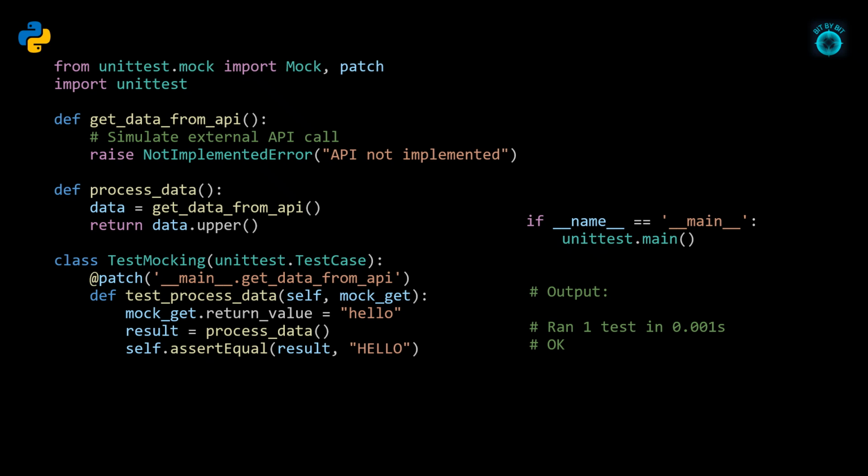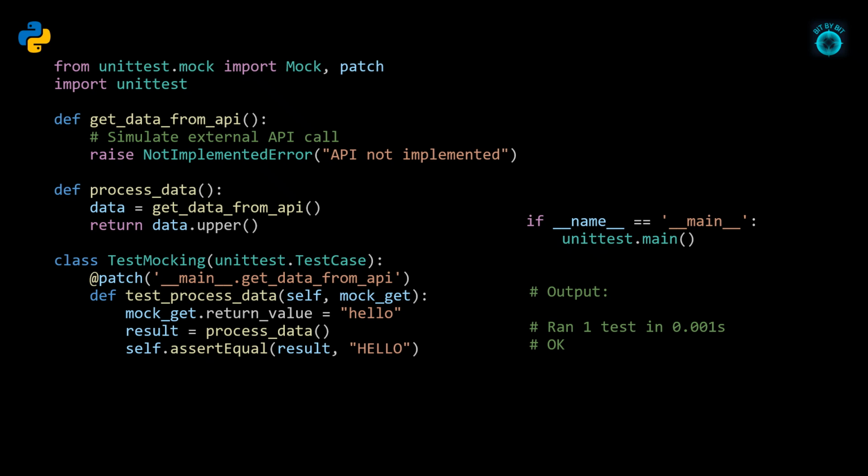The @patch decorator temporarily replaces the getDataFromAPI function with a fake version, a mock object, only during the test. Inside the test method, we tell the mock to return the string "hello" whenever it's called. Now, when processData is executed, it doesn't call the real API. It just gets "hello" from the mock and turns it into uppercase.